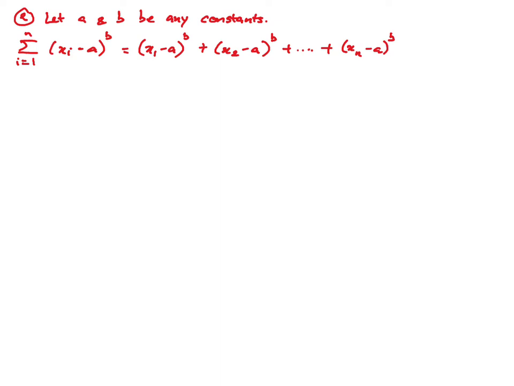The first term here is what you get when i is equal to 1. The second term is what you get when i is equal to 2, and so on and so forth. And the last term is what you get when i is equal to n.